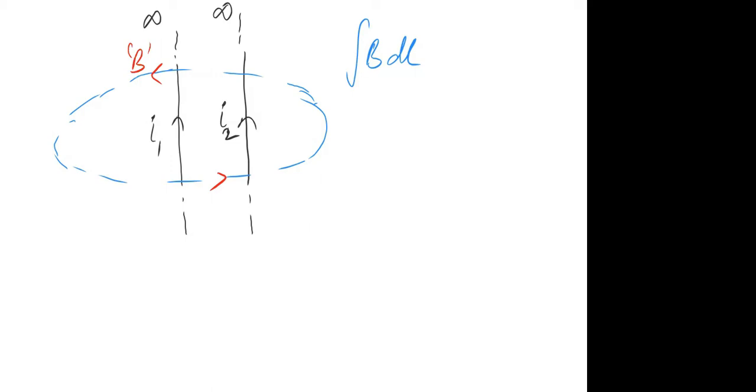Hence I will write it as μ₀ multiplied by I1 plus I2. Try to understand: if the wires carry current in the same direction, you will write the net current as I1 plus I2 plus I3 and so on.